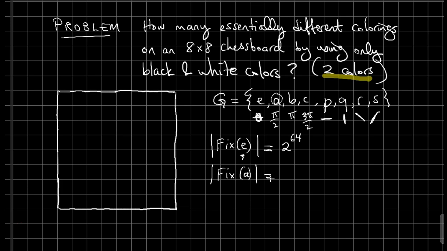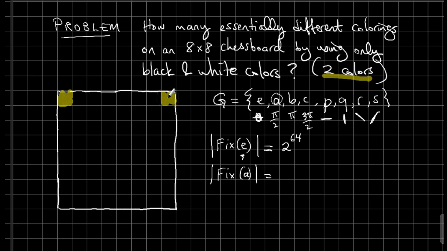So what do we do here? We want to rotate this coloring by 90 degrees, let's say clockwise, and as a result we wonder how many colorings are essentially the same. So let's focus on some elements here. Focus on the element in this square. Obviously this must be the same as this element, right?